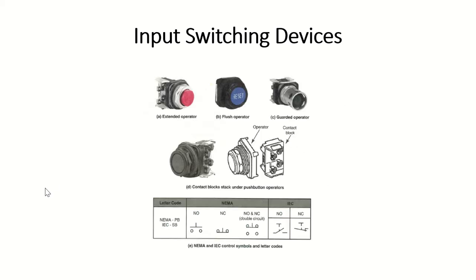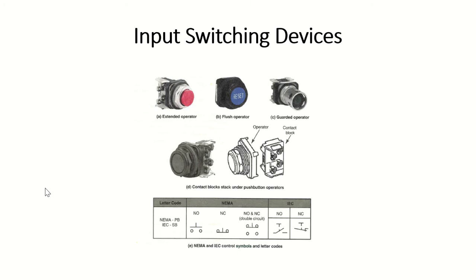Here are a few different styles of input switching devices. You can see letter A has the extended operator. Maybe that's something you would use for a stop station, because the extended operator gives you the availability to press it a little bit easier, versus B and C, the guarded and the flush operators, where you'd really have to make a point to make sure that your finger was right on that operator to get it to change.